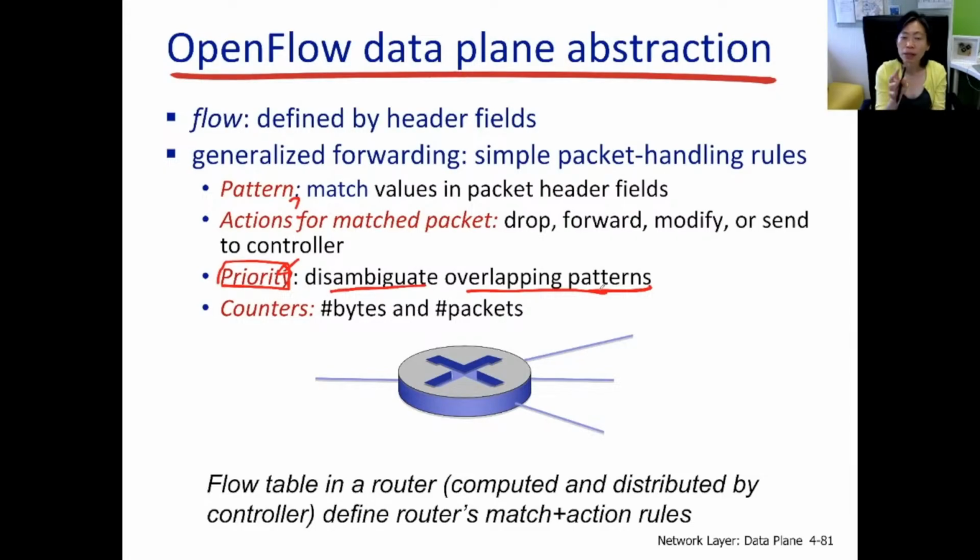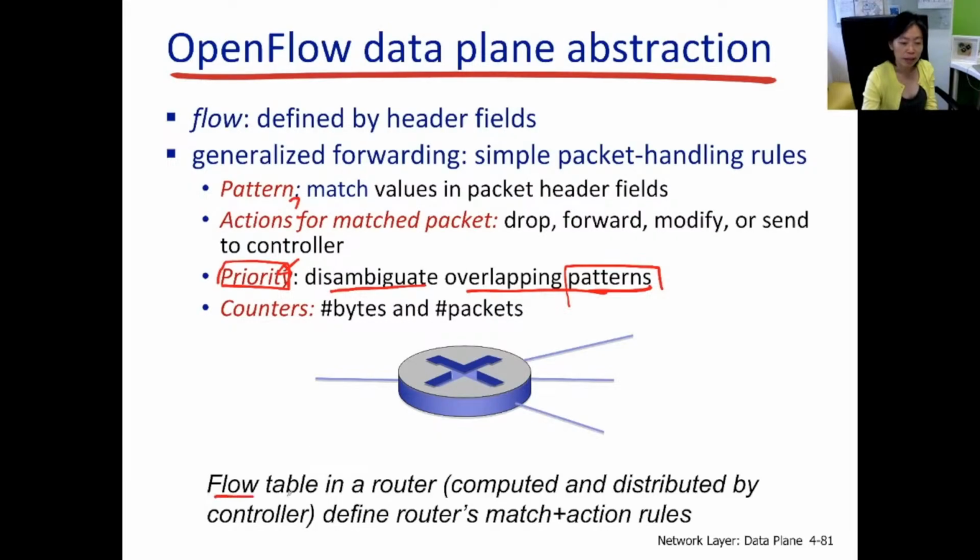But in traditional forwarding, we are also doing longest prefix matching. That actually breaks the tie naturally, because there's only going to be one longest prefix. Unlike in SDN, where we could have multiple patterns, and the patterns are now general. It's not always a prefix, so you cannot use the lengths to break the tie. So we have a specific priority field there to break the tie.